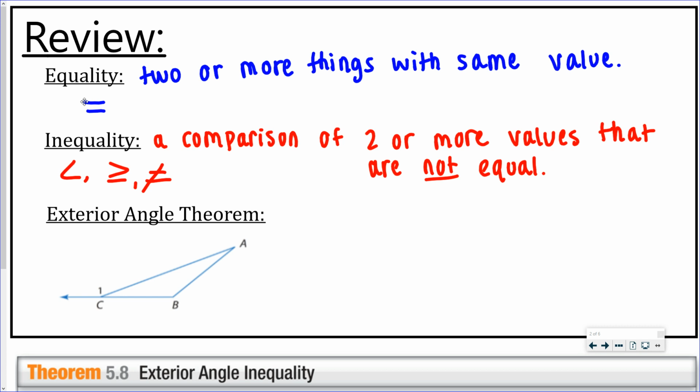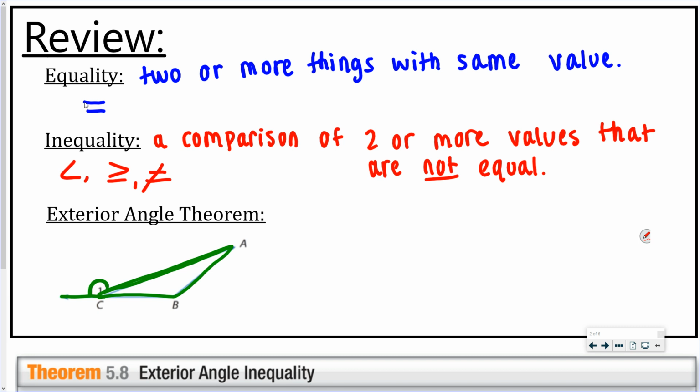Theorem review that we talked about earlier. I don't remember what chapter, chapter 5 or chapter 4, I can't remember. It's that we have an exterior angle of a triangle. An exterior angle is any angle that's formed by one side and an extension of the other side. So angle 1 here would be an exterior angle of this triangle.